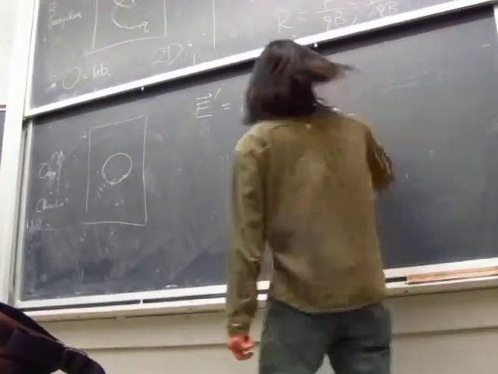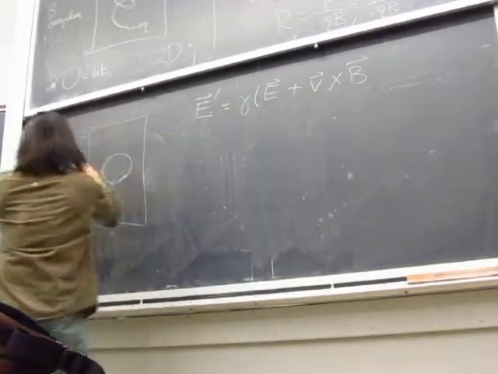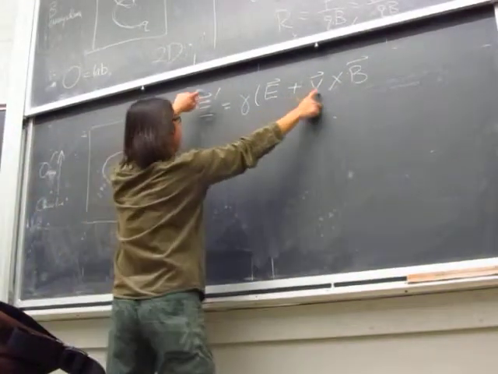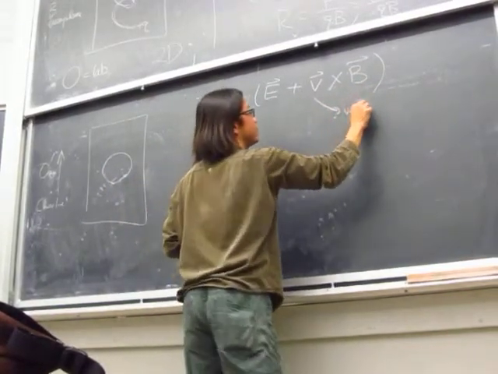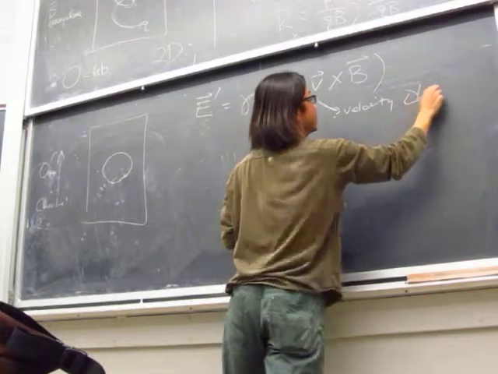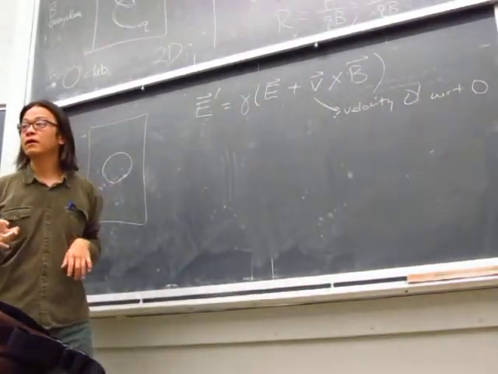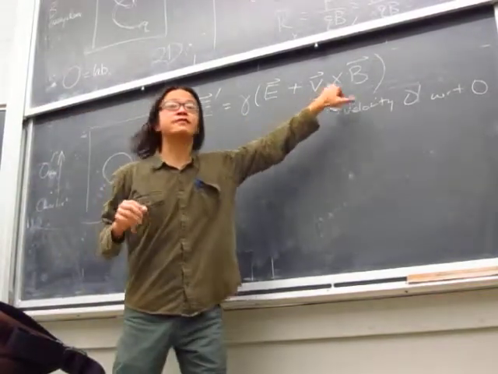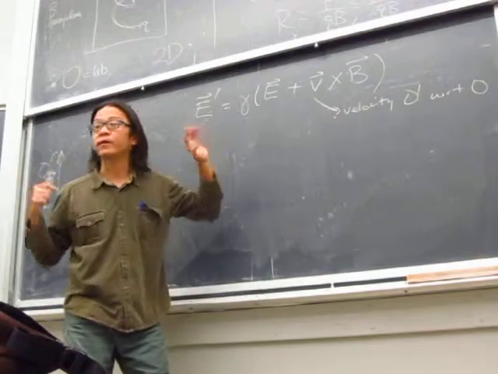So it's E plus v cross B, and this v is the velocity of O prime with respect to O. This velocity relates the Lorentz transformation between O and O prime.